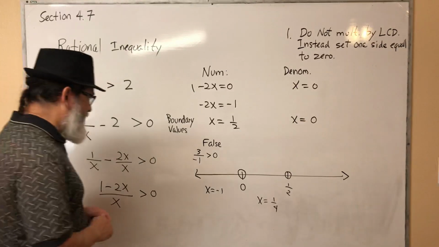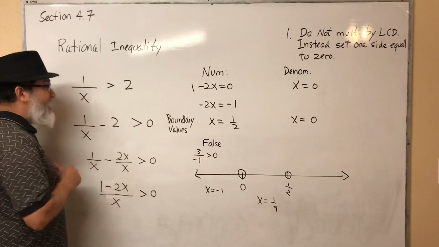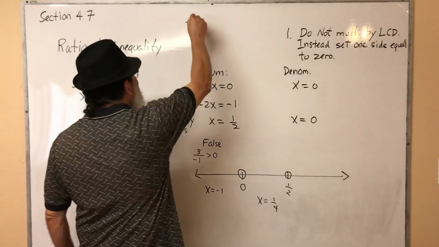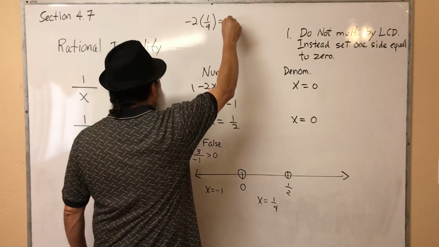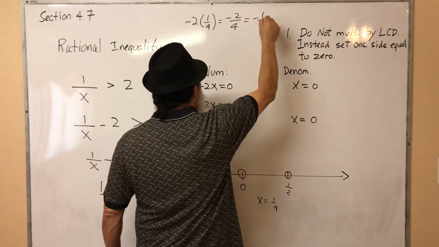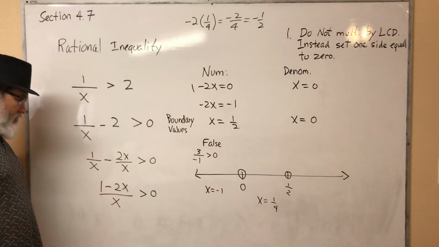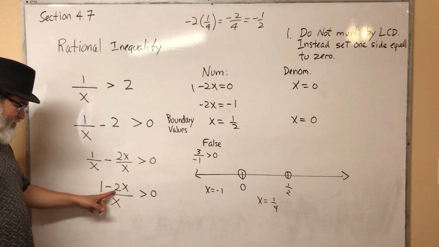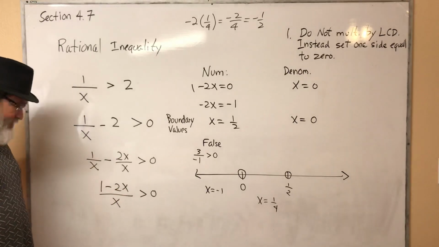Negative 2 times 1/4 is negative 2 over 4, which equals negative 1/2.